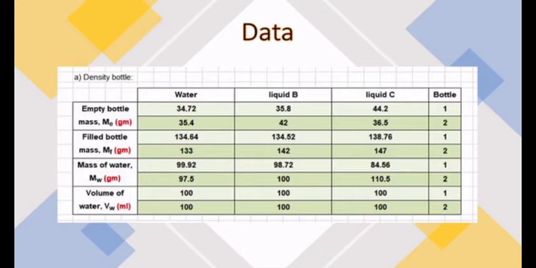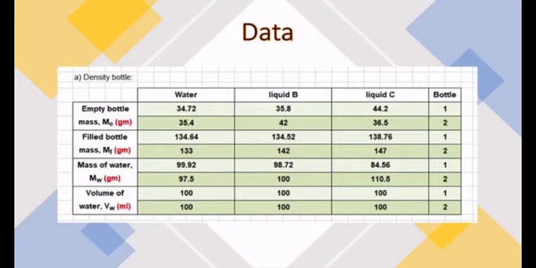So we go to the data. Okay, here is the data for the density bottle. We have 3 experiment objects: first water, liquid B, liquid C, and bottle. We made 2 experiments, and so we get the weight for the empty bottle.